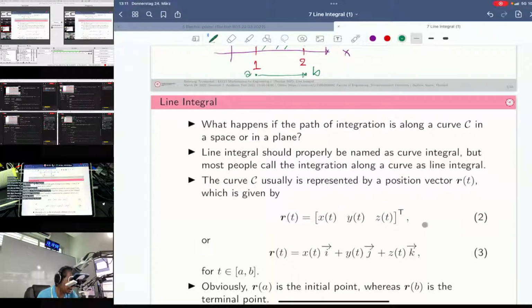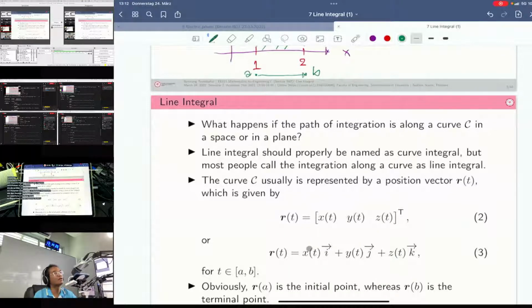It might be time or angle or whatever t means. That's represented in a vector form, here in terms of unit vectors along the x-axis, y-axis, and z-axis: i, j, k. t could go from a to b, and that's the position vector for any curve.